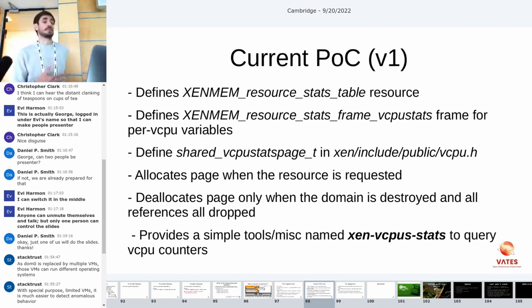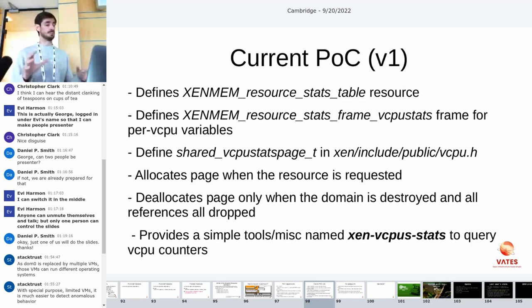Then I define a public structure that is going to be mapped by the tool in DOM0 to get this information. Currently, the allocation is on demand, in the sense that the tool that queries this counter from a domain has to request the resource, and in that moment, the resource is allocated. It's not allocated when the guest is created. And the deallocation happens only when the domain is destroyed and all references are dropped.